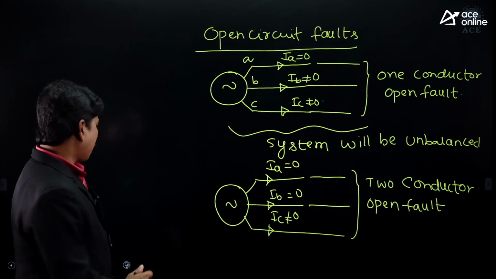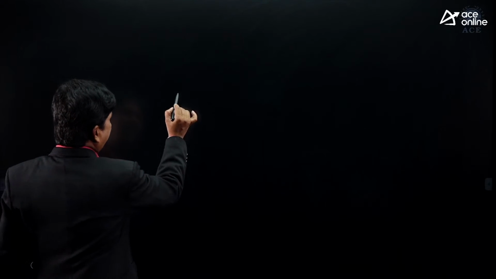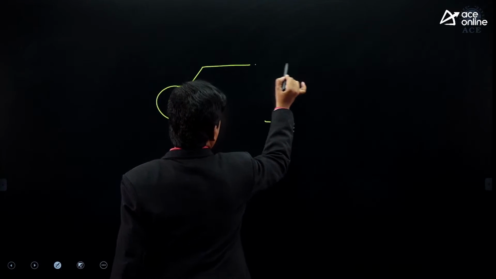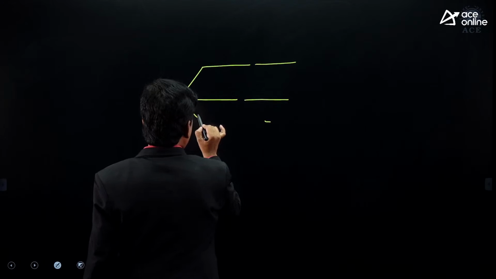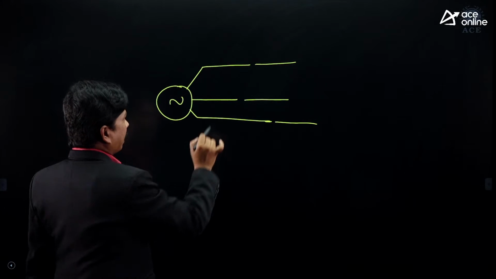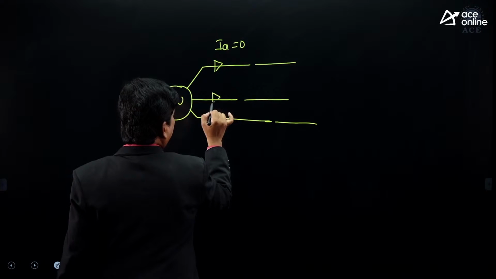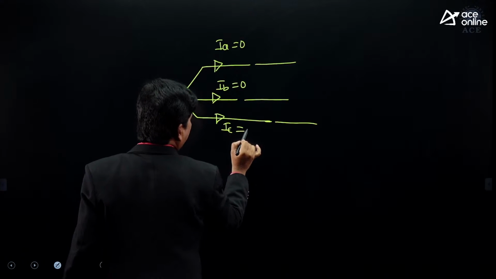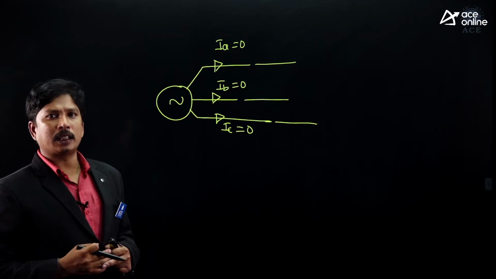And coming to the students, suppose all three conductors are open in a generator. If all three conductors are open, here we can say IA is equal to 0, IB is equal to 0, and IC is equal to 0.